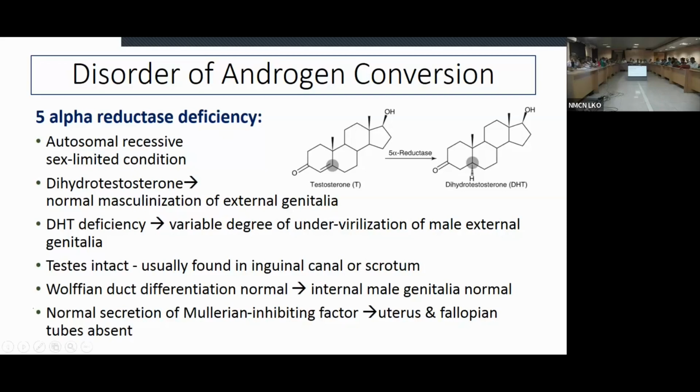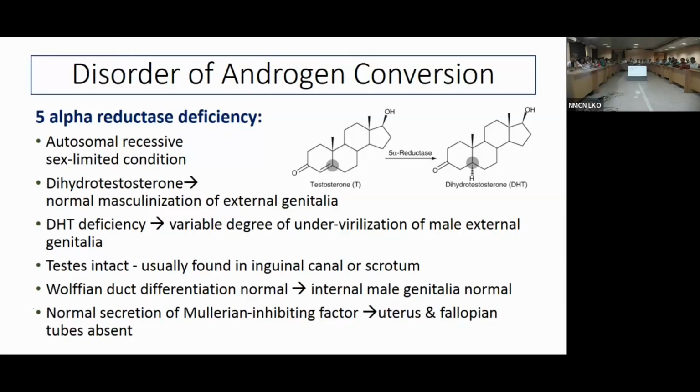And going back to our previous discussion, if we can recall, dihydrotestosterone is required for normal masculinization of the external genitalia. So if there is a DHT deficiency, there is a variable degree of under-virilization of the male external genitalia, but the testes are intact. Usually you will find them in the inguinal canal, sometimes in the labioscrotal folds.